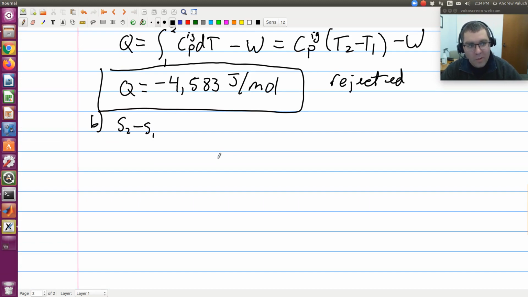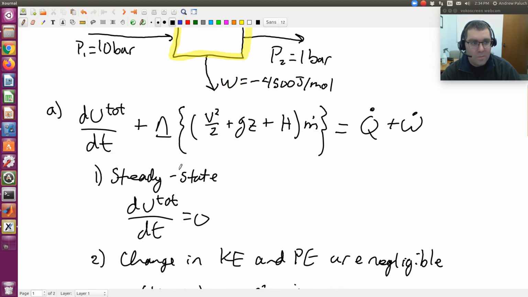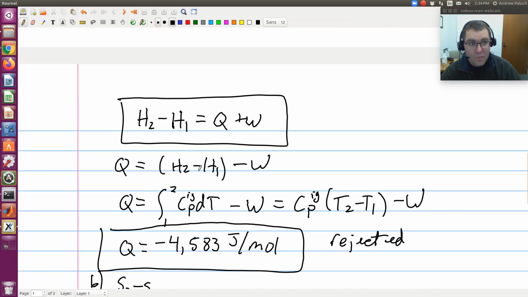All right, now when I look at the problem, temperature is not constant, nor is pressure. So temperature is changing, as is pressure. But no problem, we've got it.